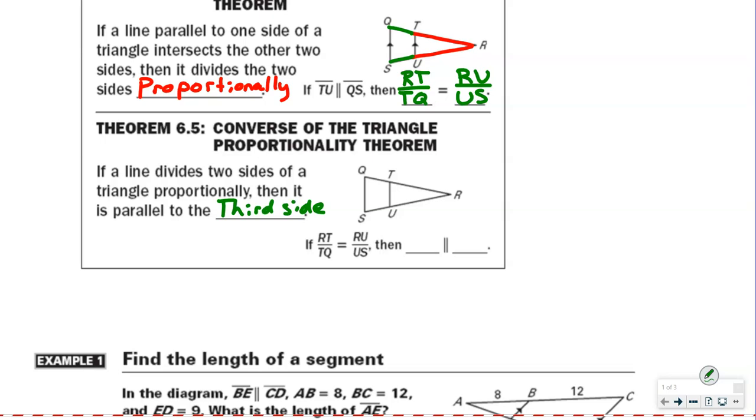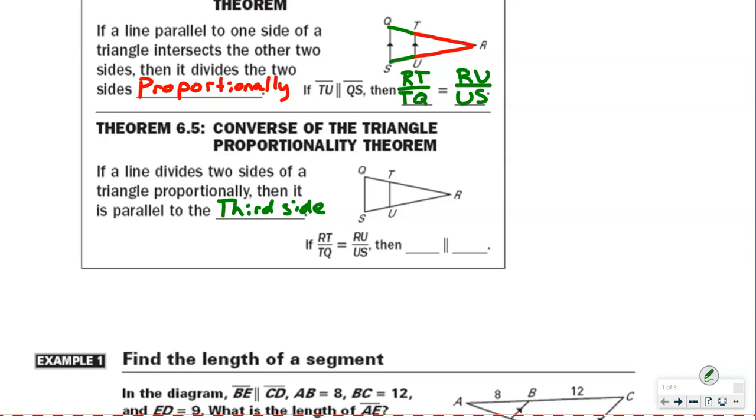Remember, converse is switching the hypothesis and conclusion. If our previous one, the triangle proportionality theorem, is stating if a line is parallel to this other line and intersects the two other sides, then it divides the two sides proportionally, this is the converse of that, switching it. If it divides the two sides proportionally, then we know it's parallel to that third side.